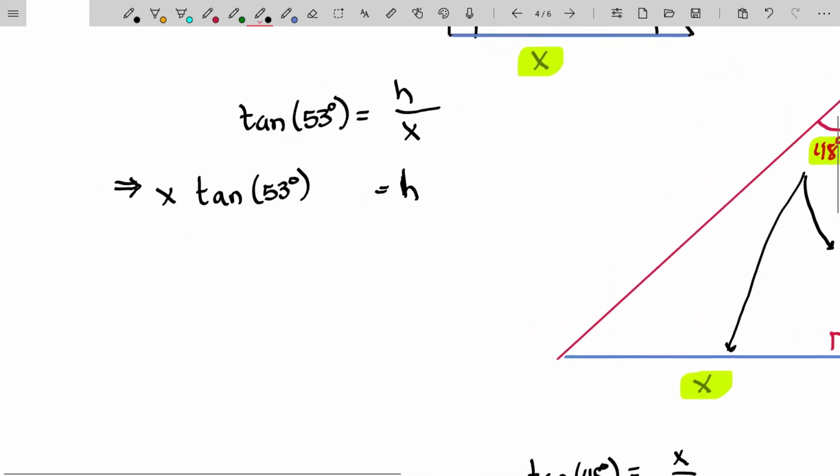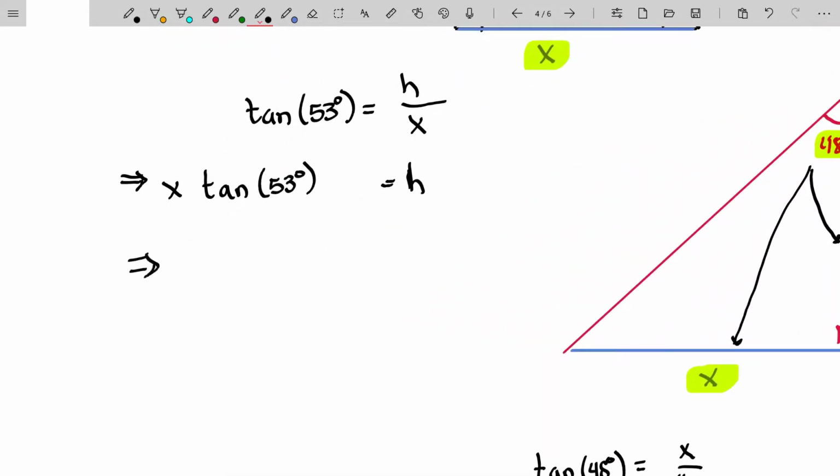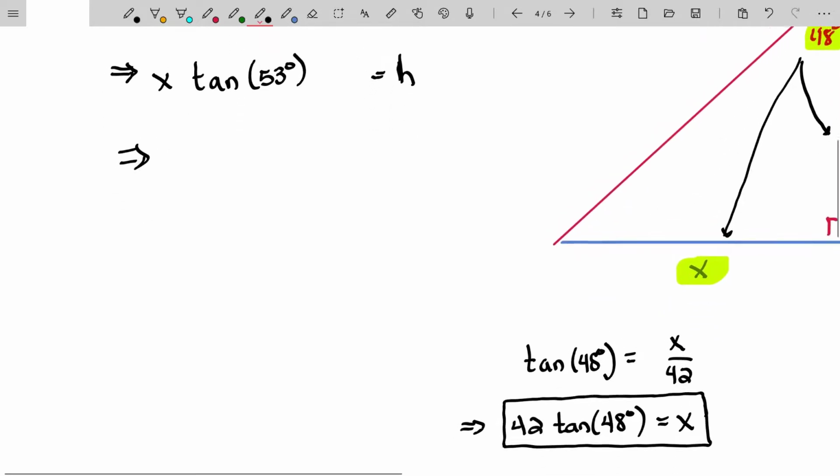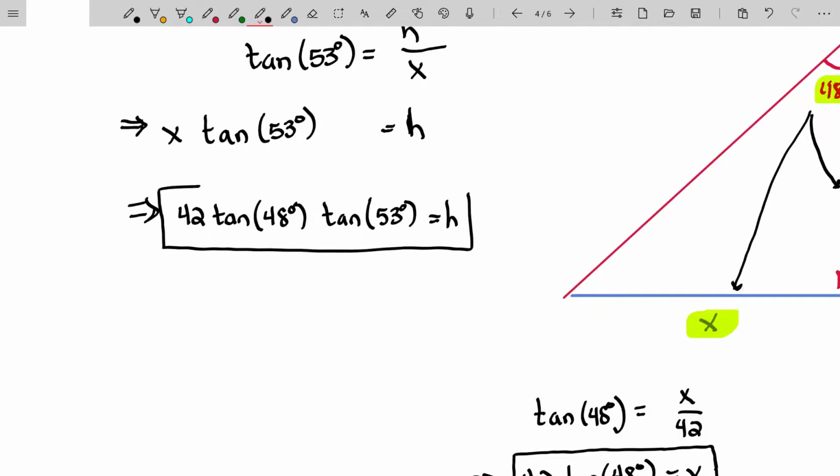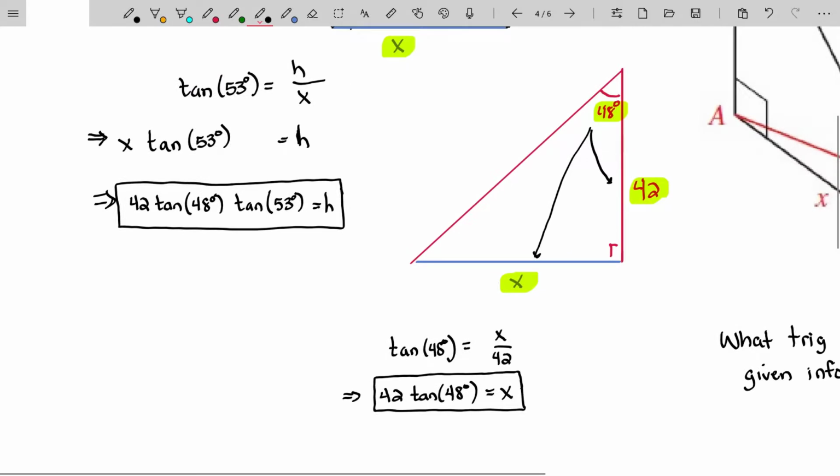Or in other words, H is equal to, let's see, X is 42 tangent of 48 degrees, and then we're multiplying that by the tangent of 53 degrees, and that is what H is. At this point, you can go ahead and grab a calculator to figure out what these values are.